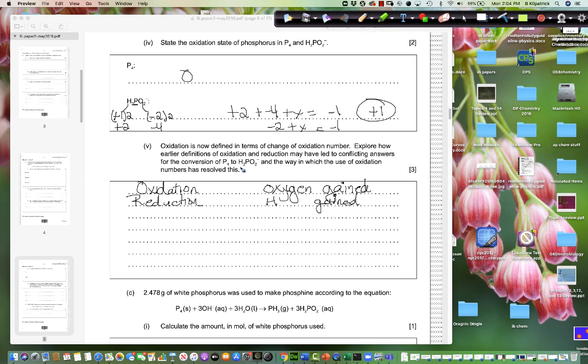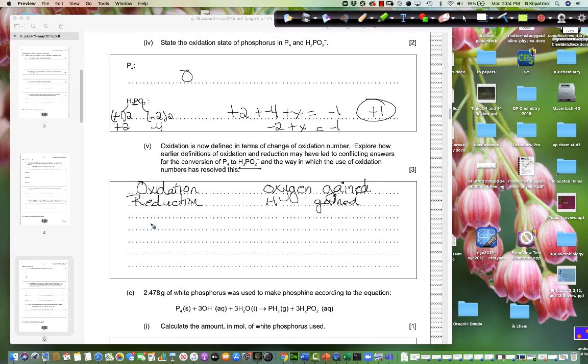Now, if you look at this molecule right here, P4 to H2PO2 minus, well, it's gained hydrogen, it's also gained oxygen. So it has been both reduced and oxidized. It's gone from a 0 to a +1. Okay, it has been oxidized. And then now what we do is we look at the change in oxidation state or number.